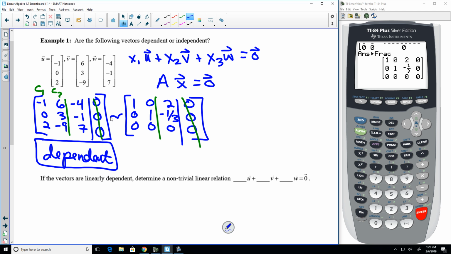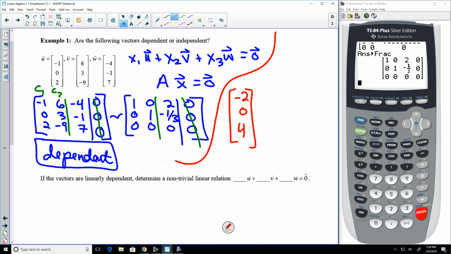Let's multiply u by 2. Use a different color so we're not confusing ourselves here. Multiply v by negative 1/3. So 6 divided by 3 is 2, so it's negative 2, negative 1, and positive 3. Is that right?